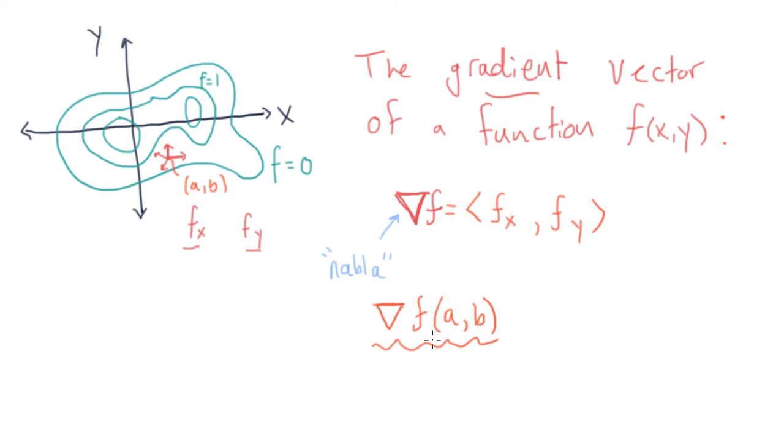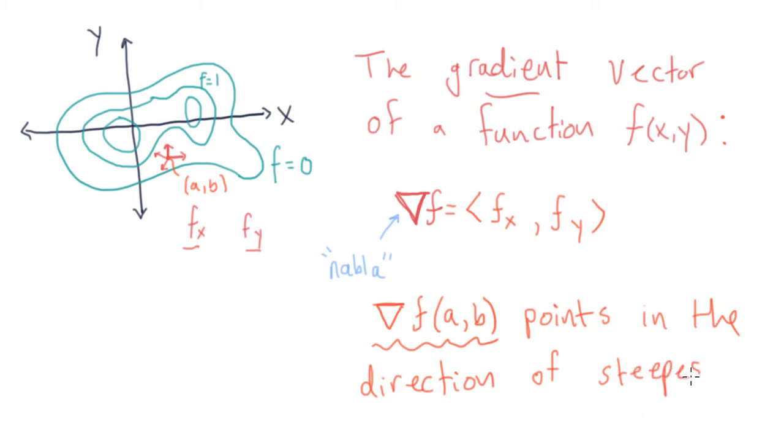But what is this vector at some point? Well, this vector is going to point in a specific direction. It points in the direction of steepest ascent.